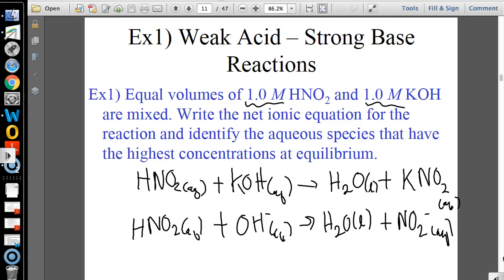The nitrite is a conjugate base of a weak acid. So that's important to us right now for two reasons. The second, important reason is you realize this is making mostly water, right?